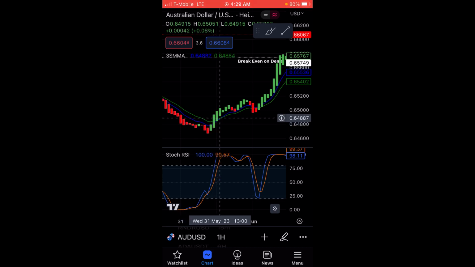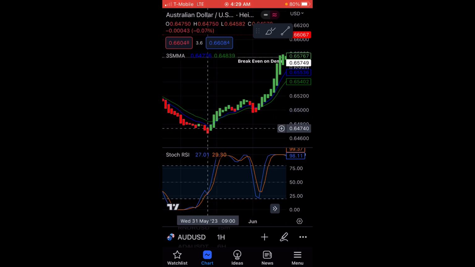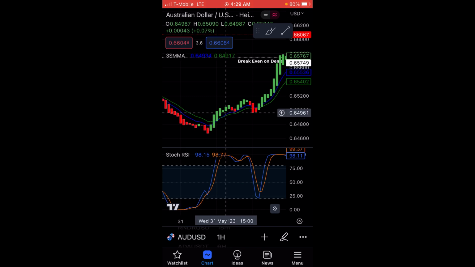You want to get in when it has completely crossed and the candle has held that position. So it has crossed completely and you have a candle on the cross zone. This candle right here is the moment that I actually would get in. You have to cross over completely to do this strategy.